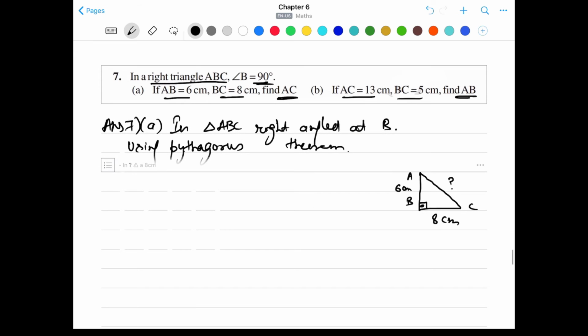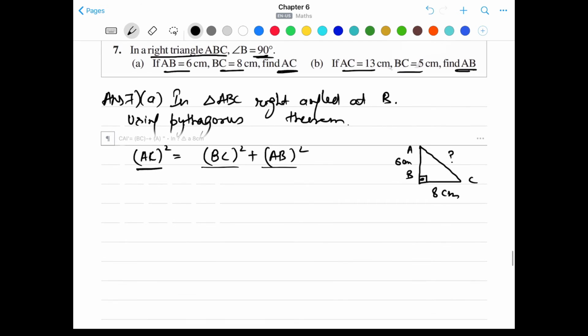So in a right triangle we can use Pythagoras theorem, which says the square of hypotenuse, which is AC, will be equal to the sum of the squares of base and perpendicular. Base here is BC and perpendicular is AB. Pythagoras theorem simply says the square of hypotenuse is equal to the sum of the squares of base and perpendicular.